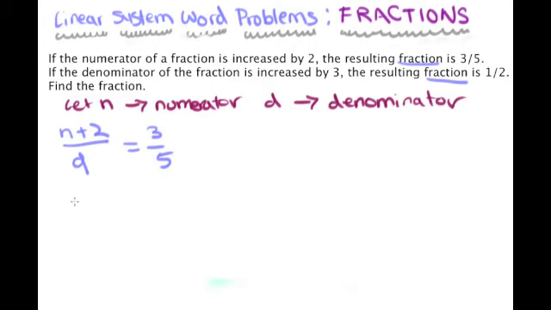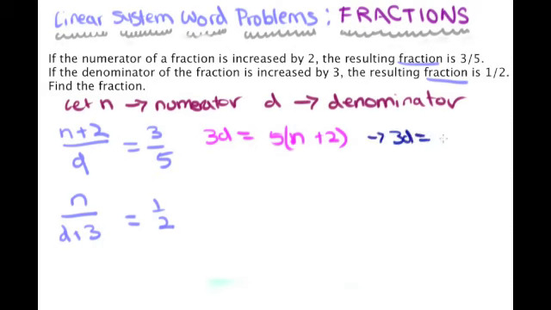So you have n over d plus 3 is equal to 1/2. Let's cross multiply for both of them. We get 3d is equal to 5 times n plus 2, which is, therefore, 3d is equal to 5n plus 10. This one would be 2n is equal to d plus 3.